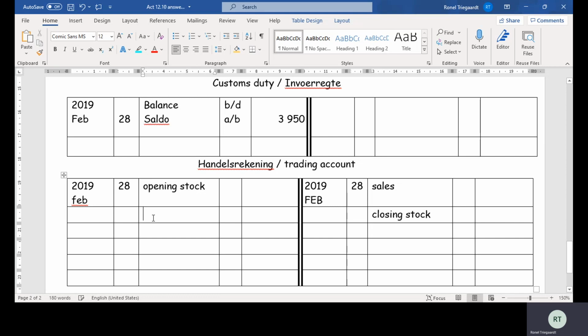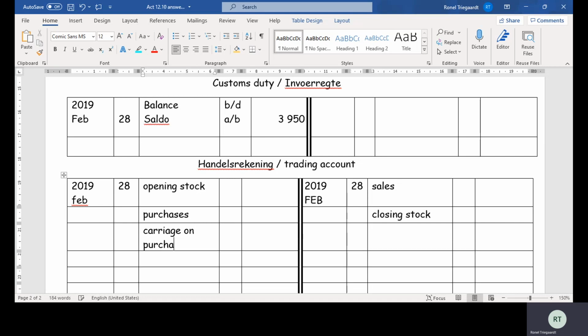Then you will have purchases. You're going to have carriage on purchases. Doesn't have to be in my order now. Import duty if there is. And lastly, you're going to have profit and loss, and that is going to be your gross profit.